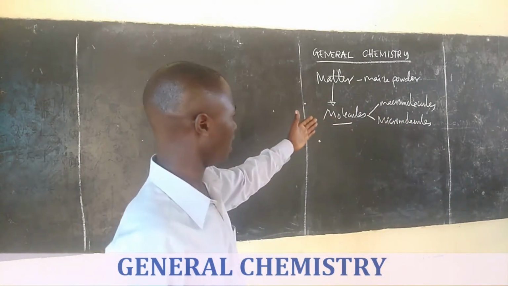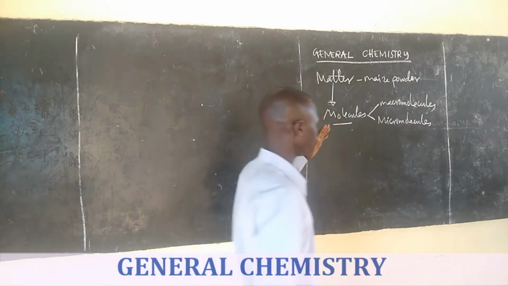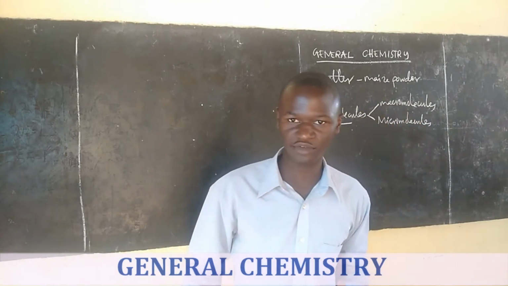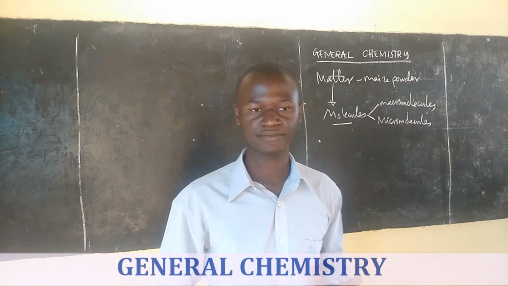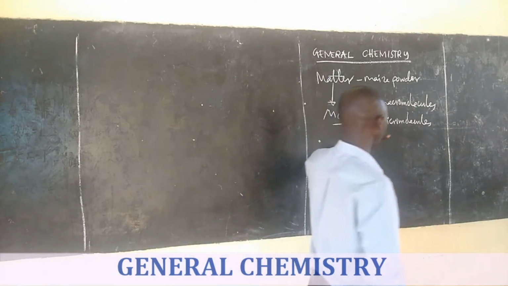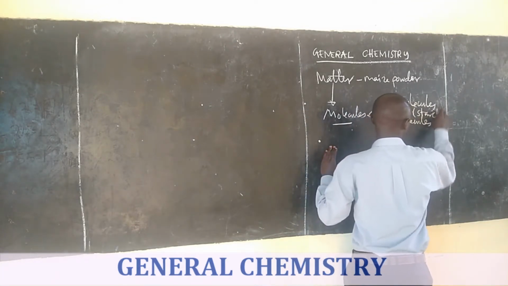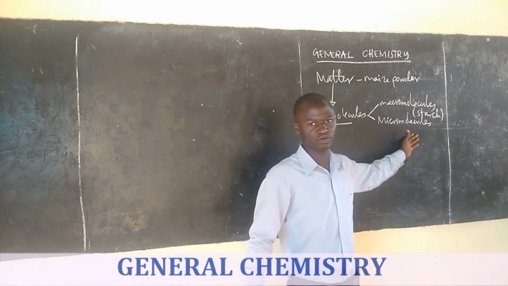In the maize powder, the macro molecules, we call them the polysaccharides. And the maize powder itself contains more of the polysaccharide, especially starch. So the macro molecules in the maize powder, we have starch. But we may have also the micro molecules.